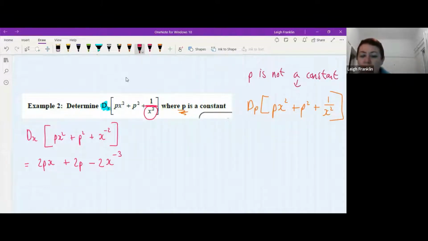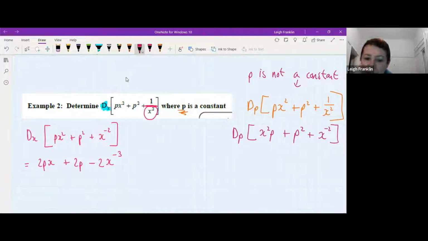So essentially, if we're differentiating y with respect to p, our x's are actually going to end up being our coefficients. We would need to do the same thing, but I would switch it around and write it as x squared p plus p squared and then plus x to the power of -2, like so.